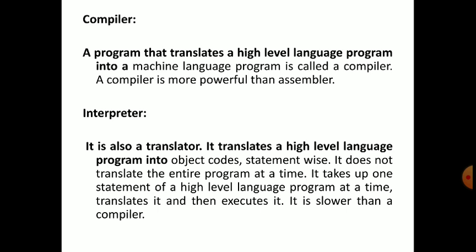And interpreter is also a translator. It translates a high level language program into object codes statement wise. It does not translate the entire program at a time. It takes up one statement of a high level language program at a time, translates it and then executes it. It is slower than a compiler. The compiler converts the entire high level language program into machine level language at a time.